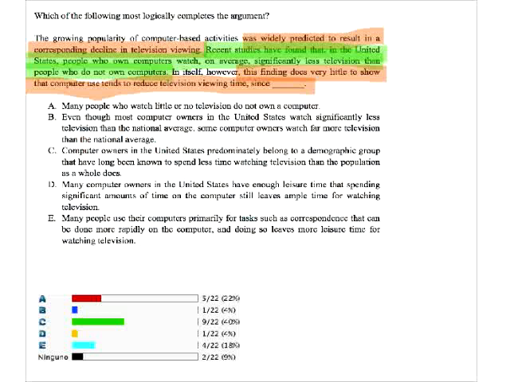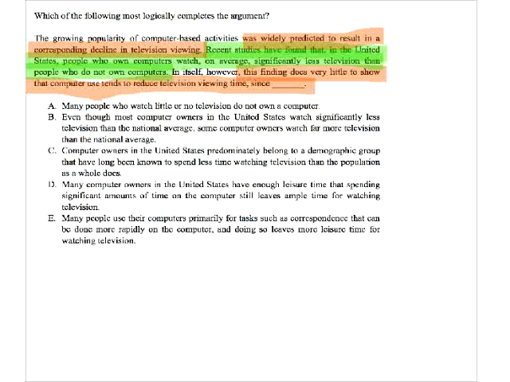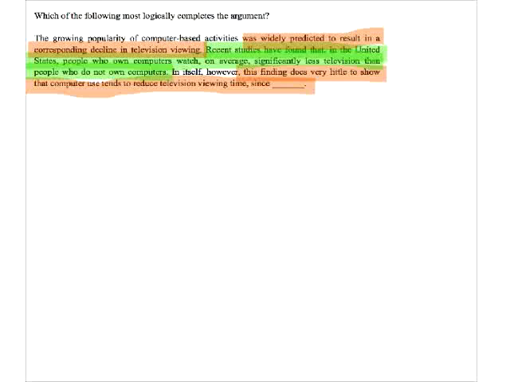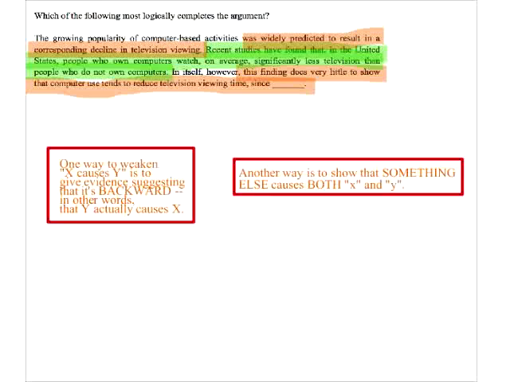So let's take this to the next page. I'm going to kill the answer choices, and we'll talk about it the same way we talked about these things before. Remember that there are two ways that we can weaken this, because this is another one of those cause and effect arguments. Here's what we had on the other page.